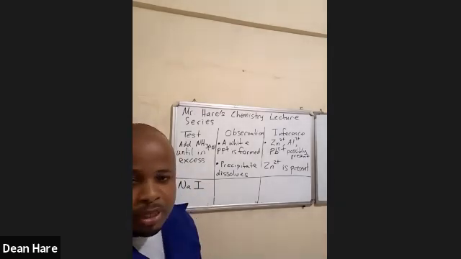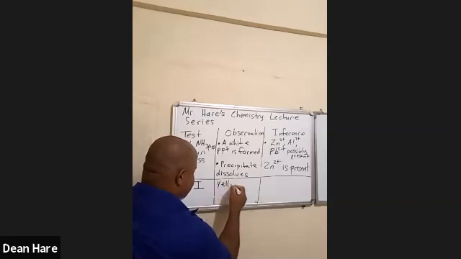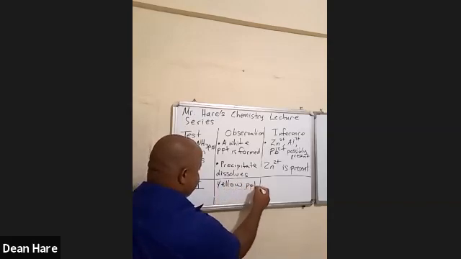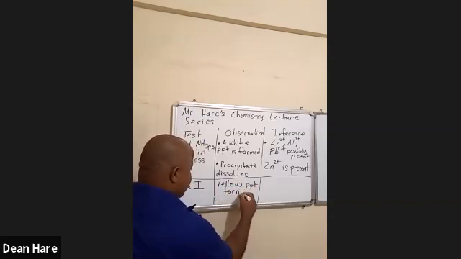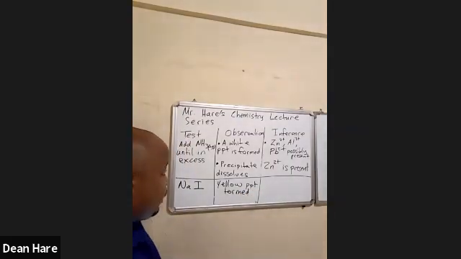Lead, sir. Lead. All right. And the observation is that a yellow precipitate is formed. Which ion does a yellow precipitate come from? Pb2+. That's correct.